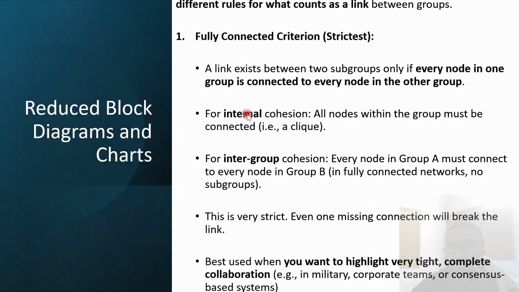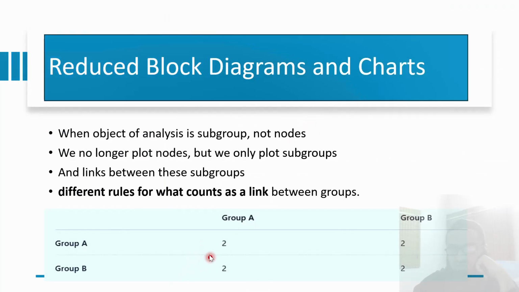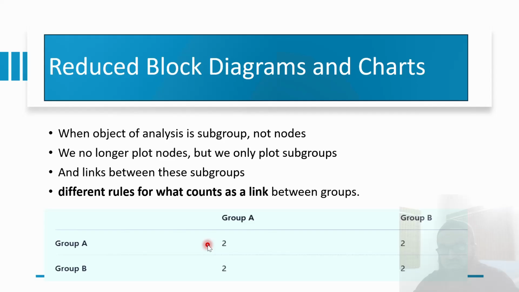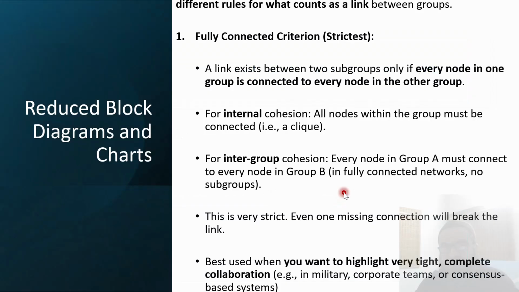For internal cohesion, all nodes within the group must be connected. So if we make this reduced block diagram based on the fully connected criterion, then of course there will be either 0 or 1. There will be no weighted matrix. It will only be a binary matrix.